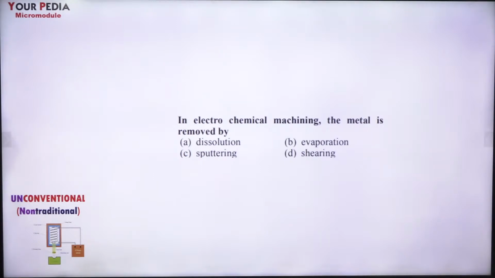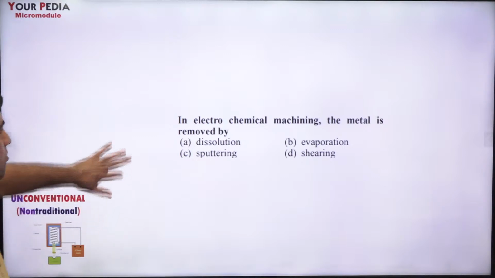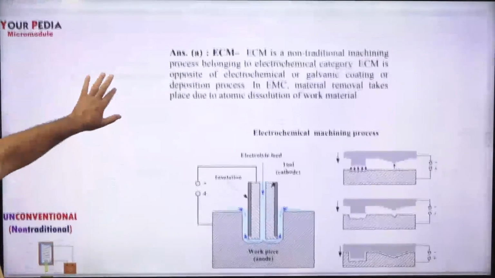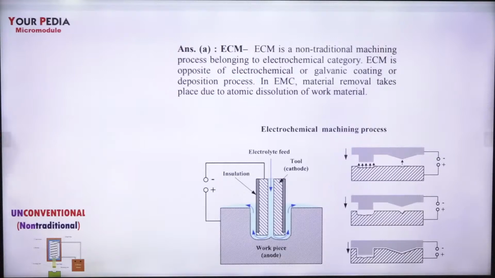Okay, so in electrochemical machining, how do you get the material removal? In electrochemical machining, the metal is removed by which of the following? Metal in electrochemical machining is removed through dissolution of the metal workpiece.